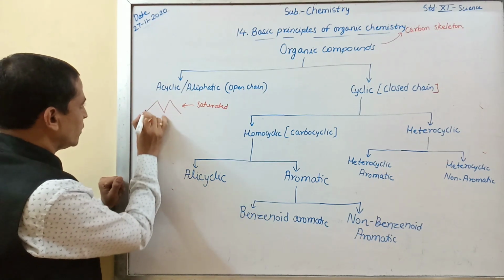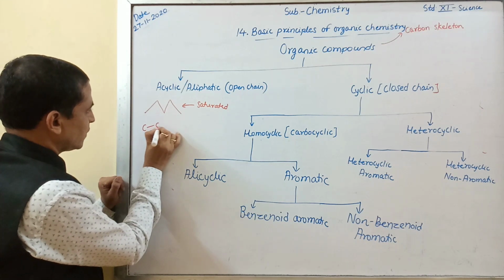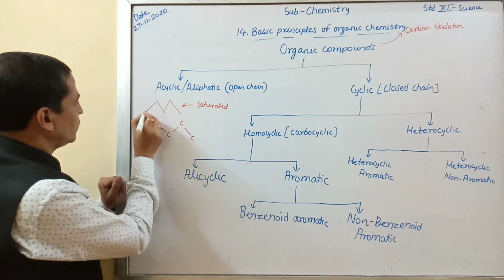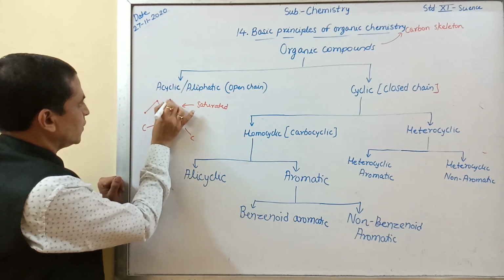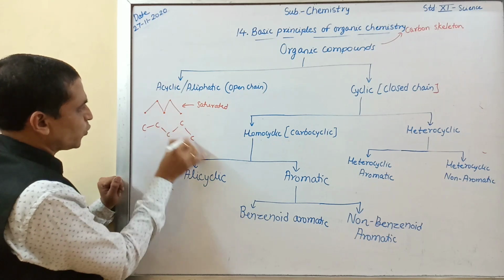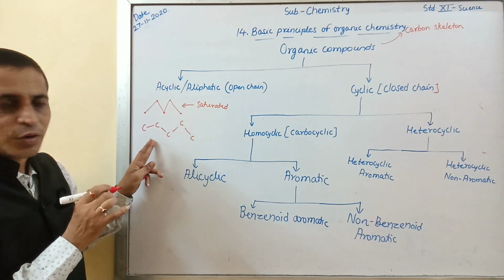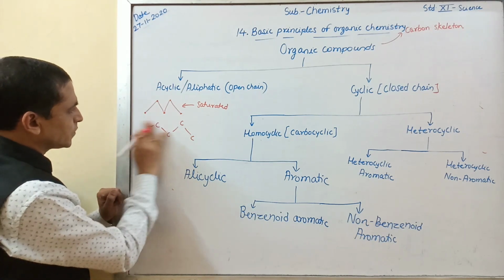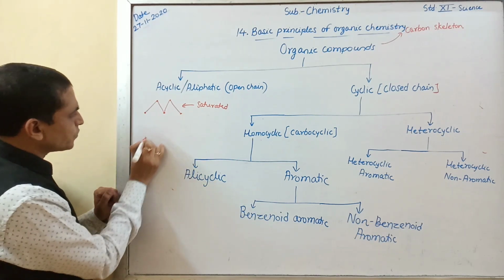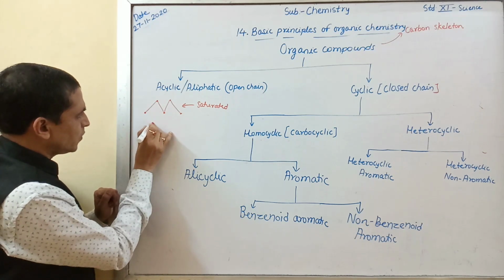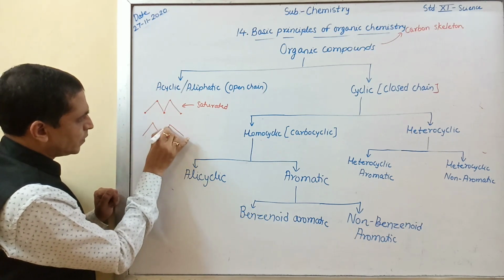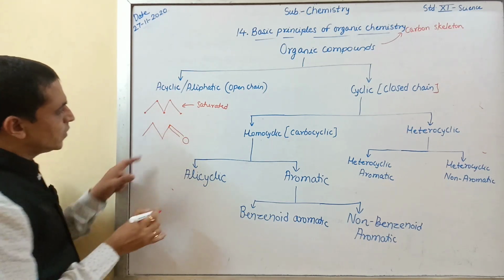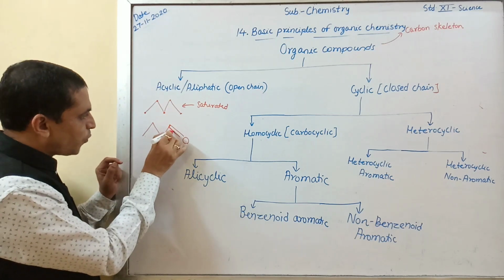This can also be written as C, C, C, C, C, 1, 2, 3, 4, 5. There is no double or triple bond, so they are what? Saturated. Similarly, if I put this type of structure, here there is a double bond.